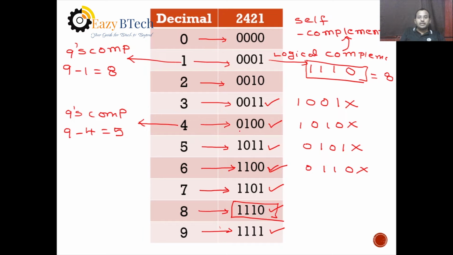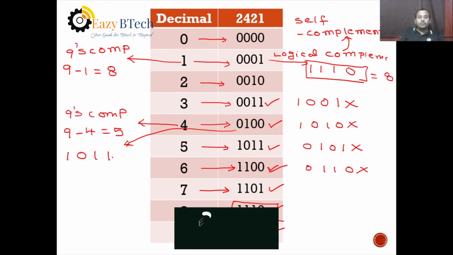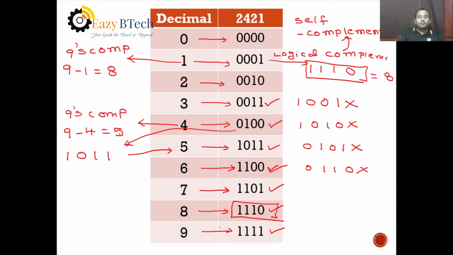If you take the logical complement of this, what is this? 1011, which is the same as the representation of 5. So the arithmetic complement we can obtain by simply the logical complement. Such codes are self-complementing codes, right?